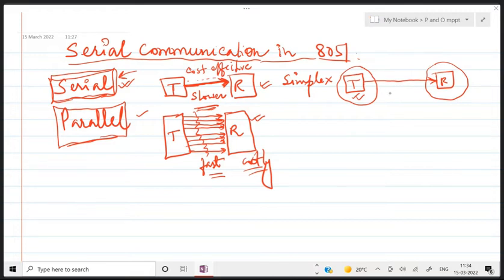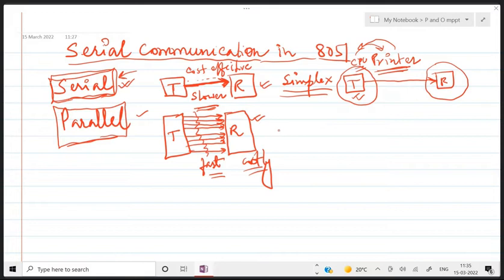It is not vice versa. A common example of this type of communication is your printer. You always give information from the CPU to the printer. Nowadays there may be printers which can communicate back to the CPU also, but the normal printer works in this way only.